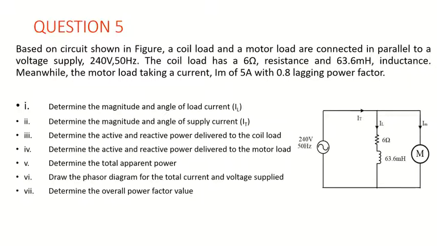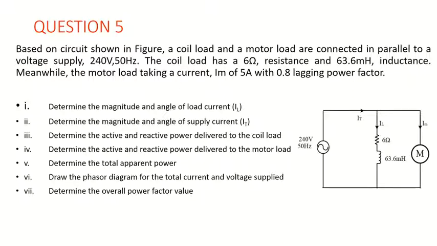This coil load has a resistance of 6 ohm and a 63.6 millihenry inductance, so the coil load consists of resistance and inductance.